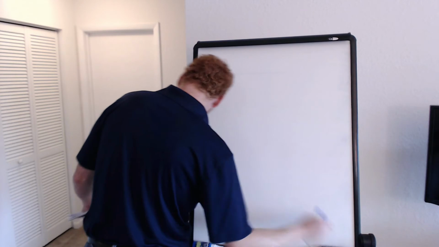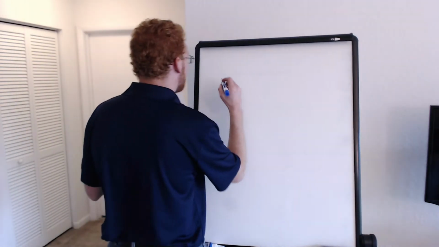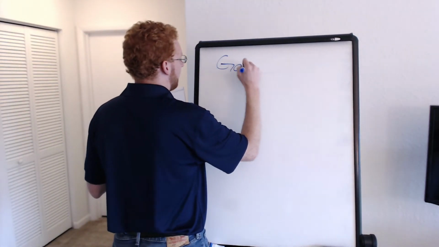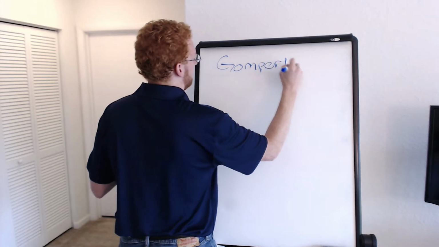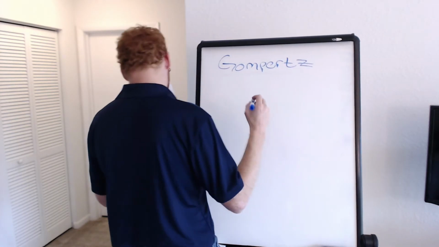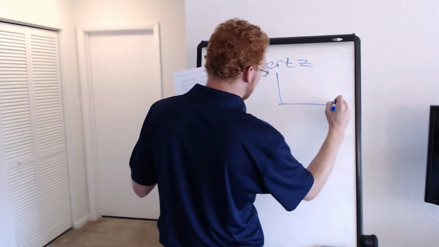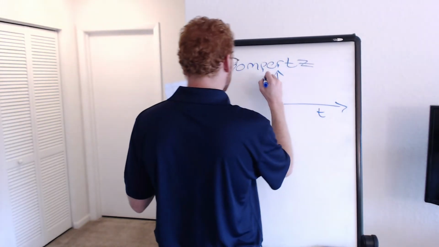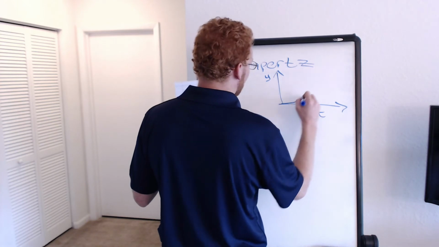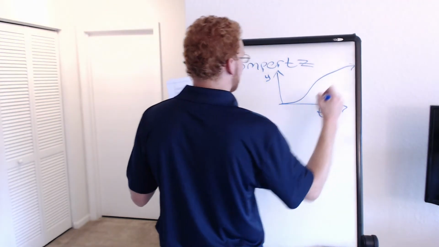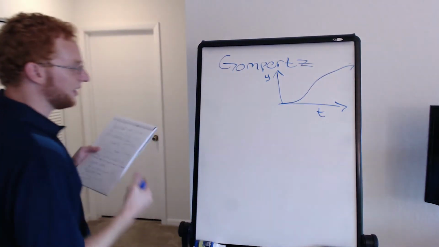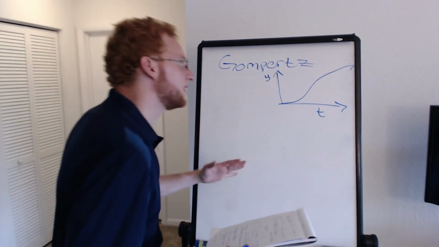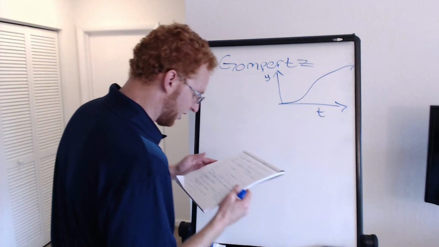Next one's called the Gompertz. Graphically, the Gompertz can take on a lot of different shapes, but this is sort of what it looks like. It's kind of like a logistic shape, but definitely a different shape.